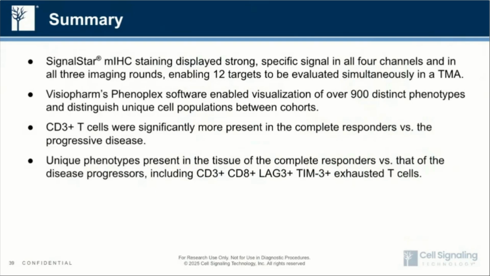Visiopharm's Phenoplex software enabled visualization of over 900 distinct phenotypes and distinguished unique cell populations between those cohorts. We saw that the T cells were very important between those 2 cohorts, and a variety of phenotypes were differentially expressed, as well as very specific to that patient cohort.